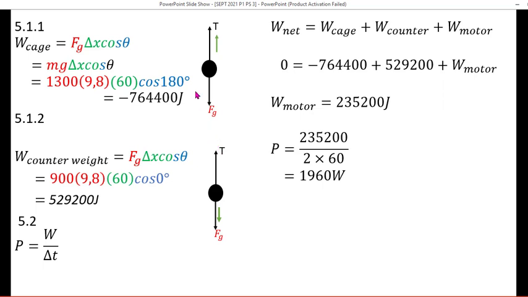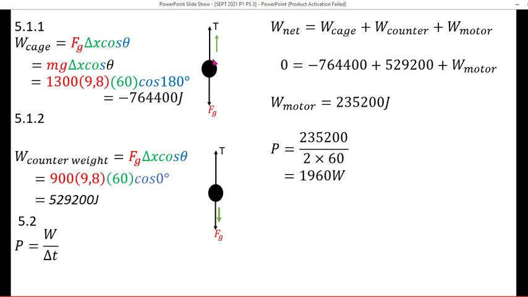Now we can draw a free body diagram so that we can see things clearly. The dot is our cage, and there's a tension, which is the rope, up, and the gravitational force is acting downward, which is Fg.